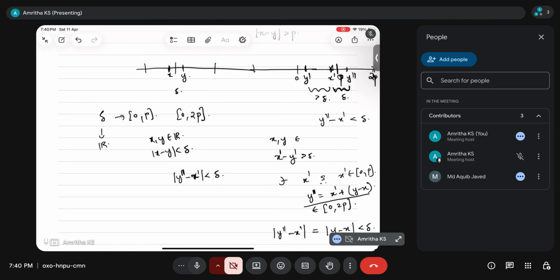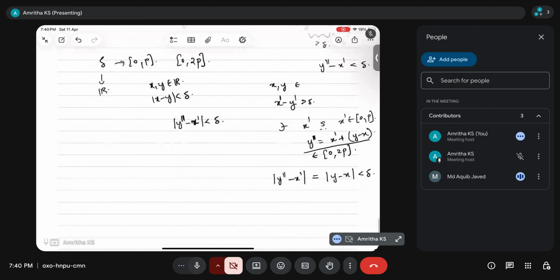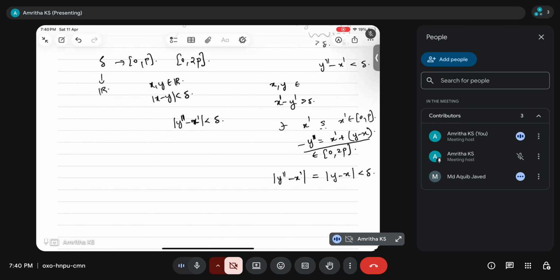Now what you want to show is that this is corresponding to y. You can show that this is equal to this, this is y double dash.